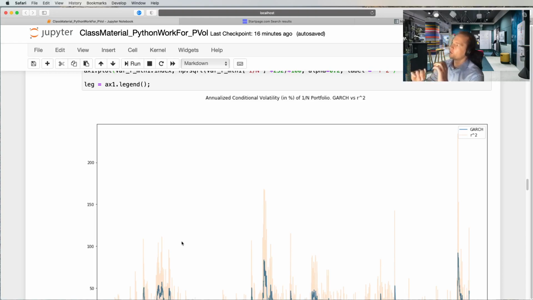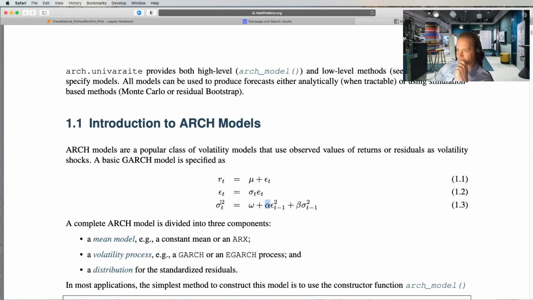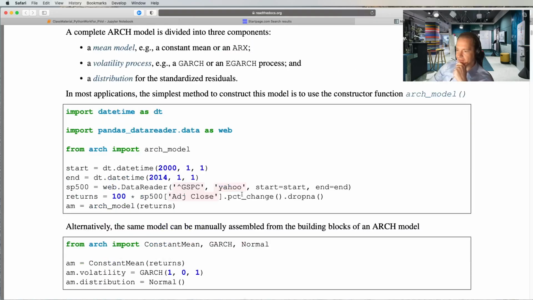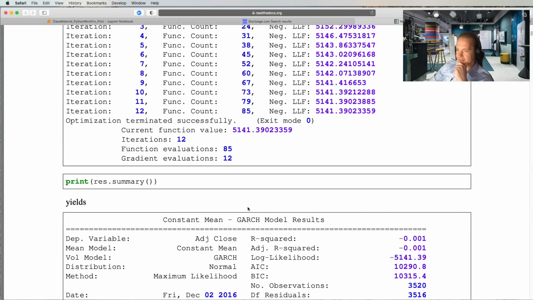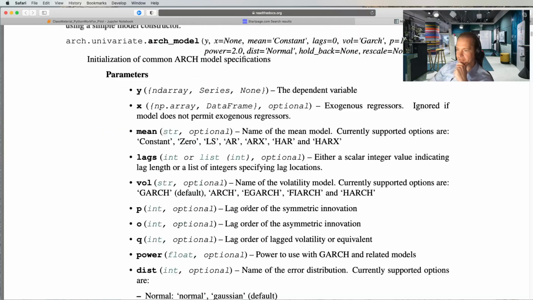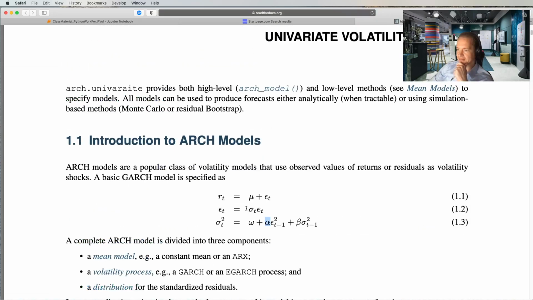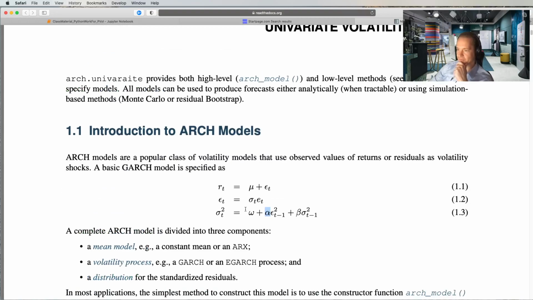Okay, what is the GARCH doing? We used a package. So the disadvantage is we didn't program it ourselves. So we need to understand the package. Here's what the package does. The maximum likelihood function is not shown here, but I showed that last class conceptually with the LaTeX formulas.